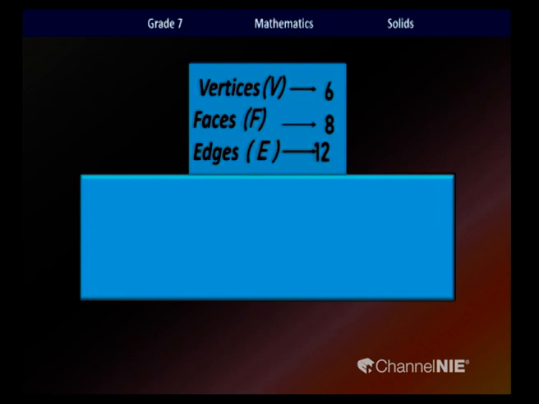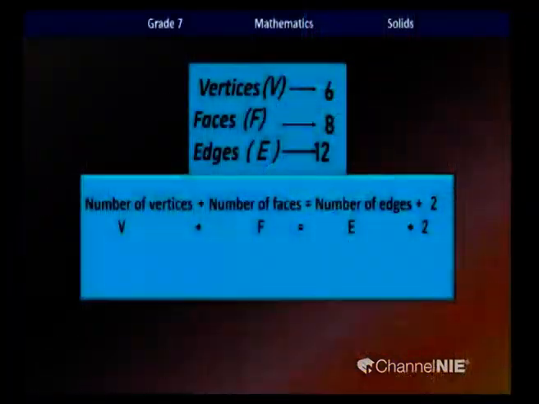Now we have to quickly move on to the second part of the question. That is, we have to check whether this solid fulfills the Euler's relationship or not. Before checking that, we have to memorize what the Euler's relationship is. Number of vertices plus number of faces equals number of edges plus 2.